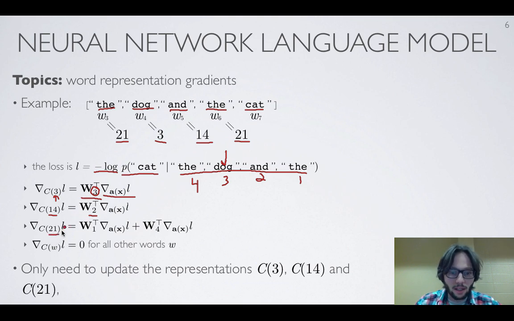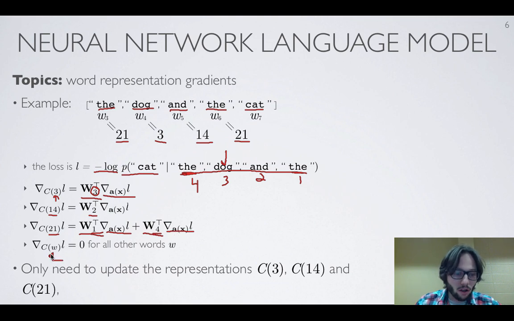And now for 21, it actually appears at 2 positions, that is at relative position 1, so right here, and 4, right here. So we have to add these two backpropagated gradients, the pre-activation gradient multiplied by W1 transpose, and then the pre-activation gradient again multiplied by W4 transpose.